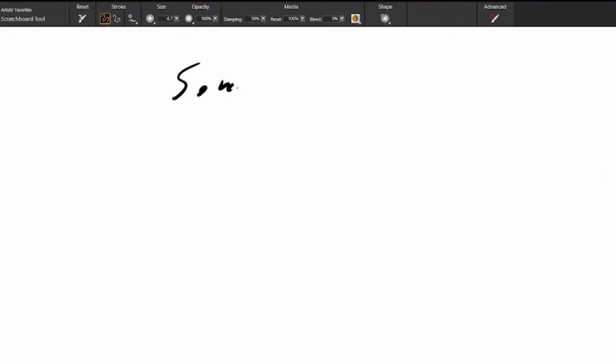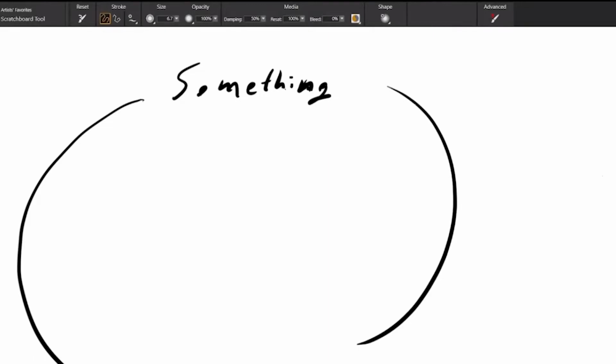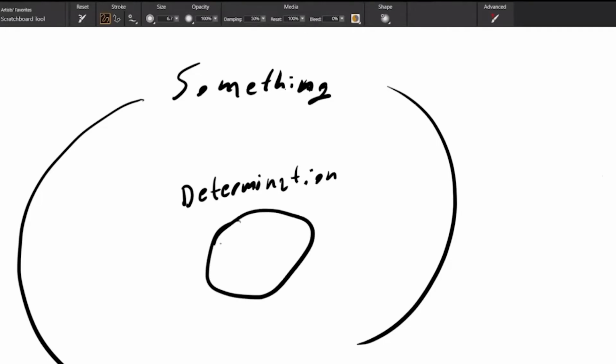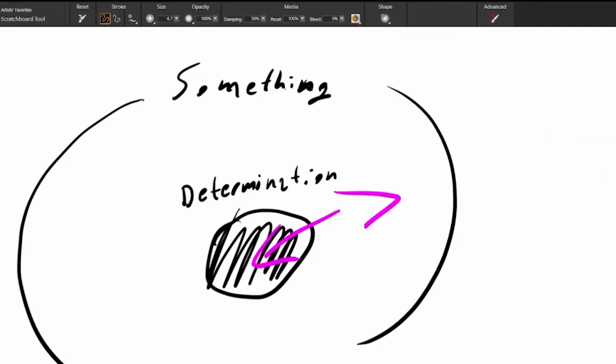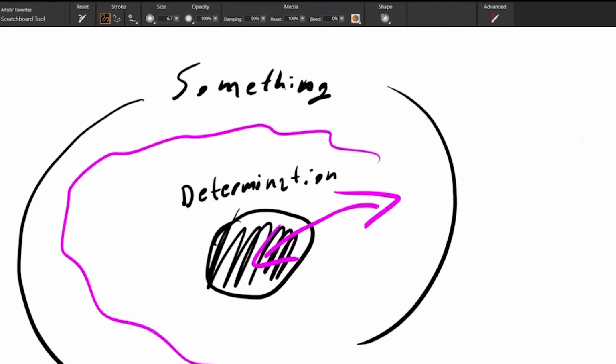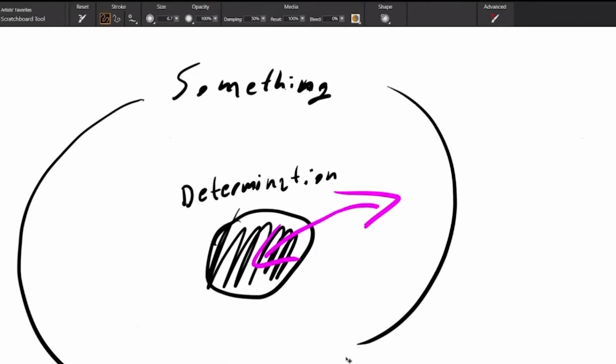So we have something, we have determination in it, and then insofar as this and this, this total white space would be representing it.